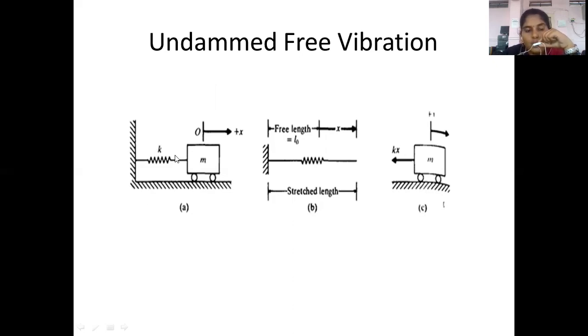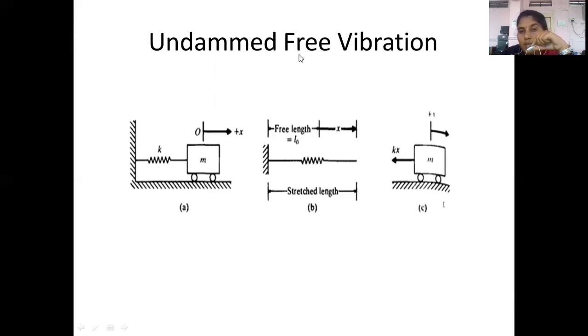So from this diagram, you can understand there is no C parameter here. The K parameter is related to the restoring force, K into X, where M is the mass of the system, X is the displacement, and there is free vibration here.